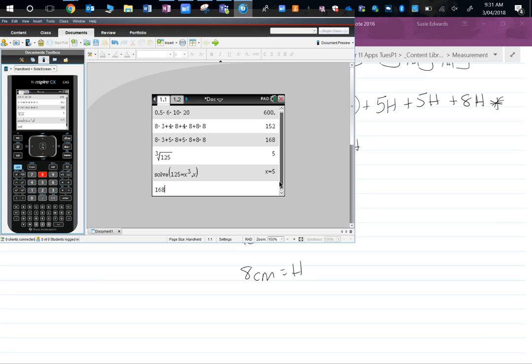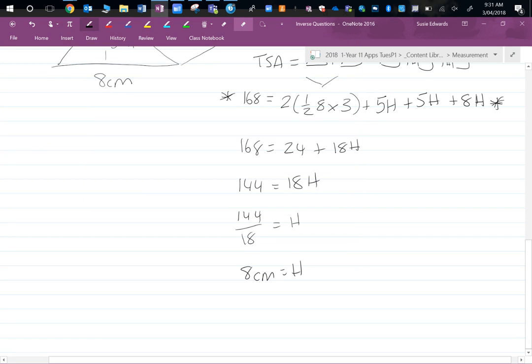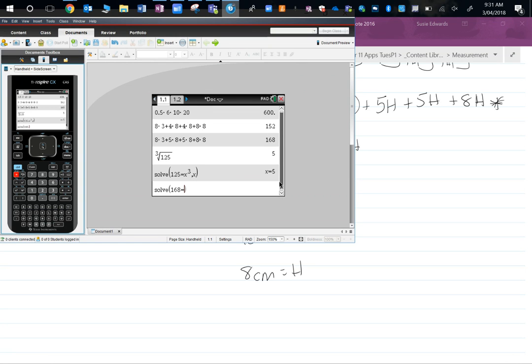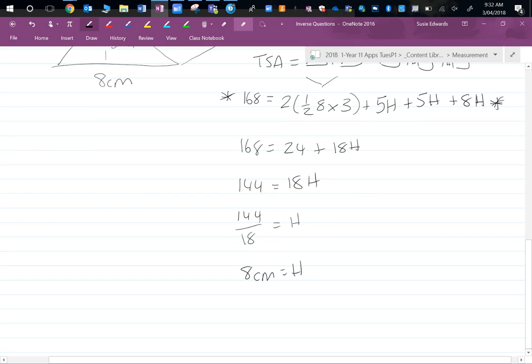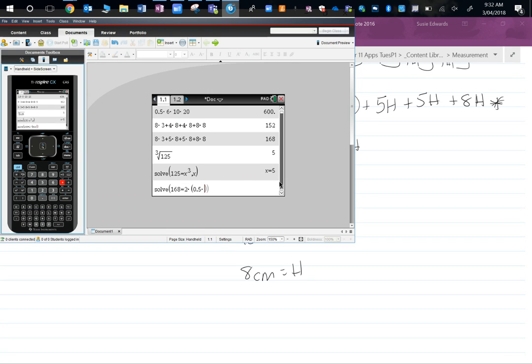So 168, solve. 168 equals, and I'll just put in the whole thing, 2 times 0.5 times 8 times 3 plus 5h.